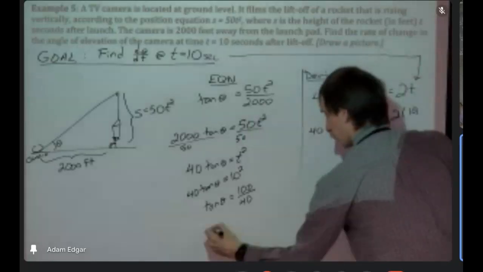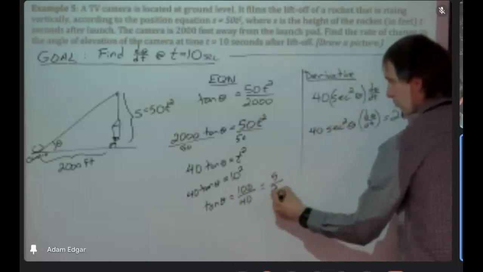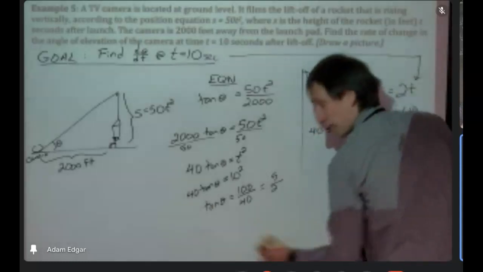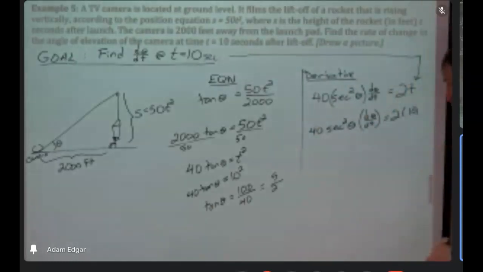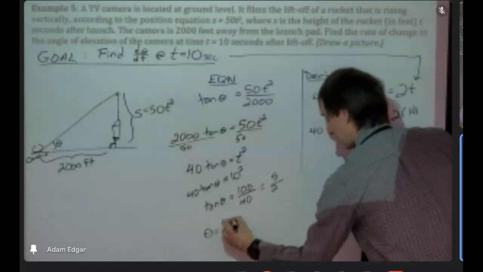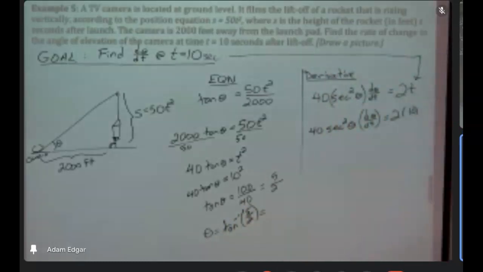So you can reduce this and say that's 10 over 4 or 5 halves, but that still doesn't get you theta. So how do you kill tangent? Inverse tangent. This is now a calculator problem. So to kill off tangent, you got to do inverse tangent. And on your calculator, that's this thing, tan negative 1. And you do that, and you get some decimal.